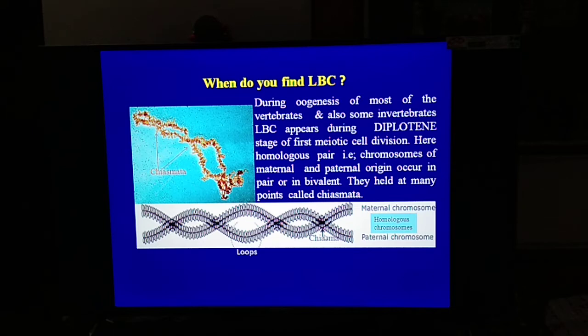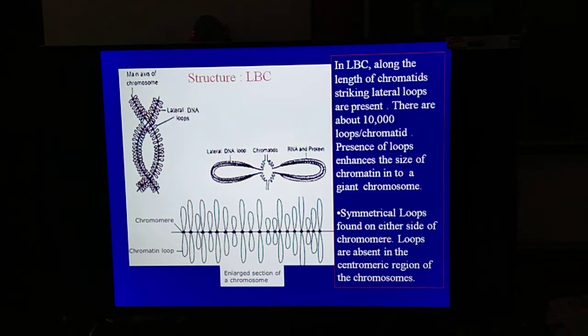Let us understand the structure of Lampbrush chromosomes. In Lampbrush chromosomes, along the length of chromatids, striking lateral loops are present. There are about 10,000 loops per chromatid.